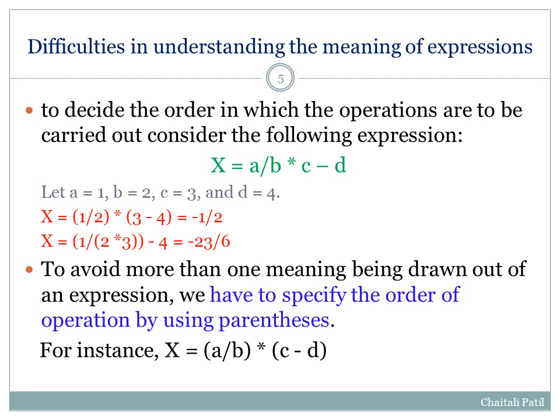Another possibility, if we consider this order for solving the example, then we'll get the answer minus 23 by 6. So similarly, for any complex arithmetic expression, we may get more than one answer, even though we consider a unique procedure to solve it, but still there is a problem.